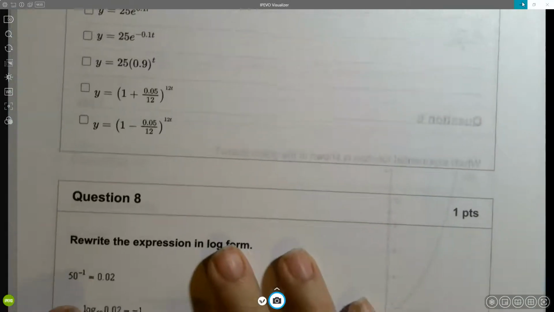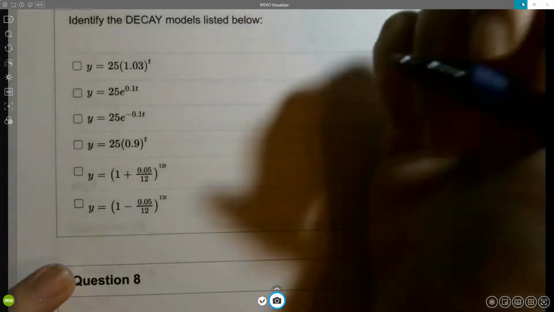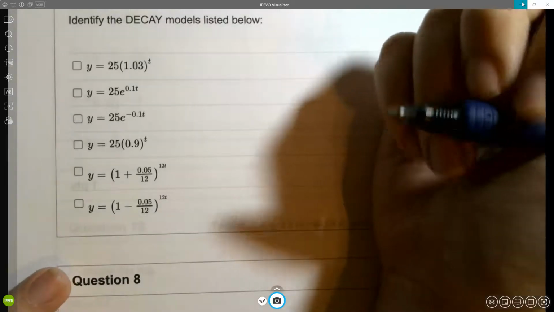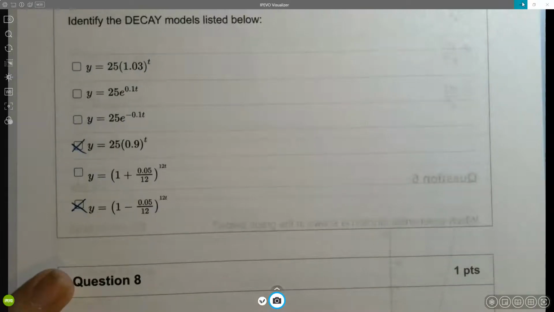This one wants decay models. Remember, if I have a number in parentheses, I'm looking for bases less than 1. So this one is subtracting. And then if I'm looking at bases of e, it is a negative.